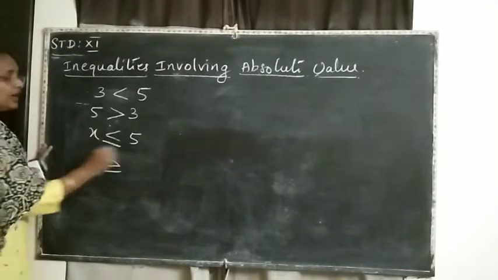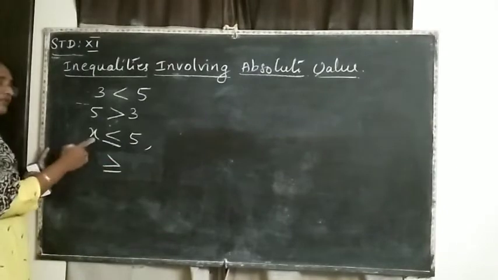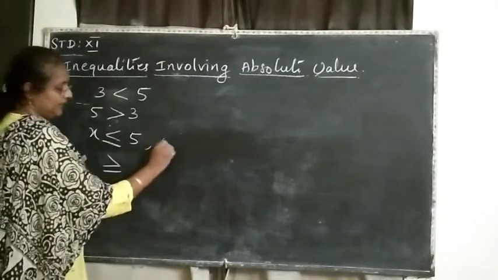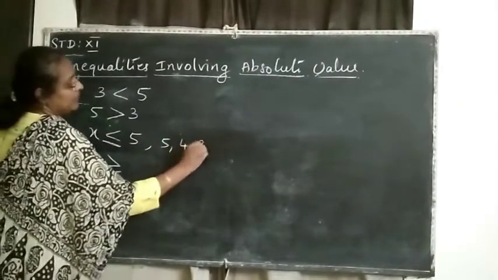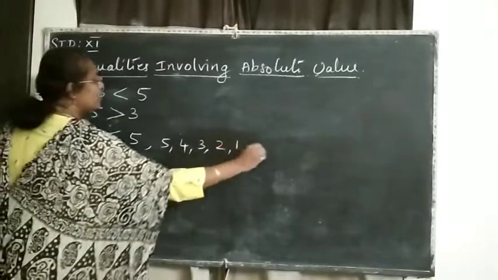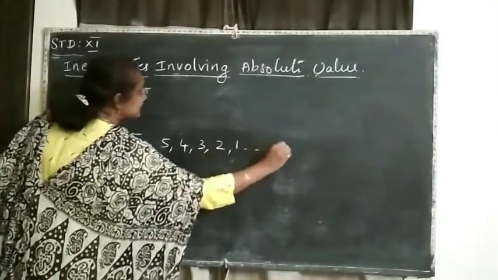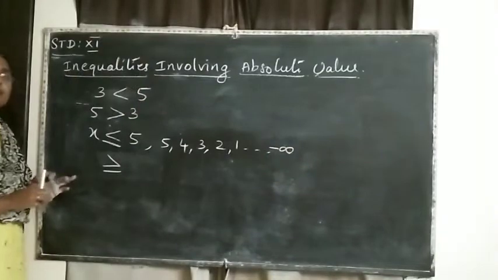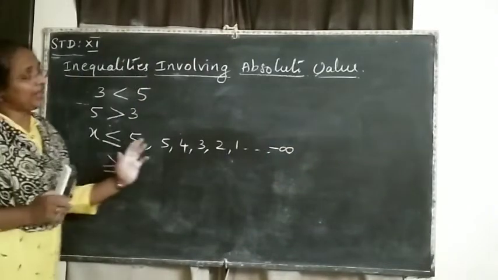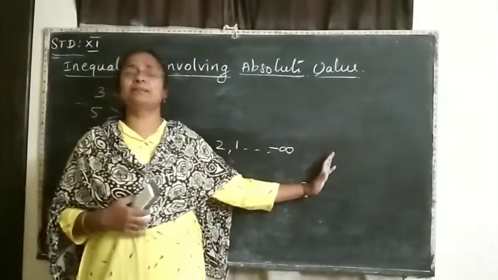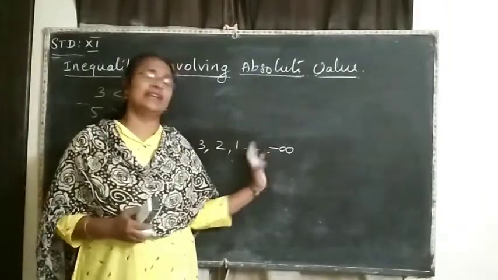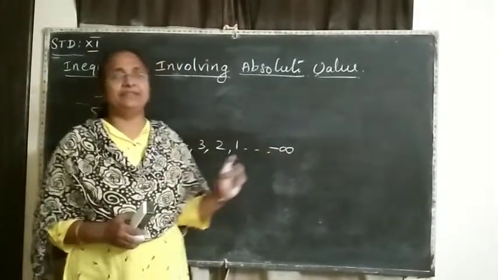Yes or no? So now tell me what will be the values of x. 5, 4, 3, 2, 1 and it goes on till where? Minus infinity னு சொல்லணும். Now since we are in higher secondary, we have negative numbers, isn't it? So in general we can term it as minus infinity.